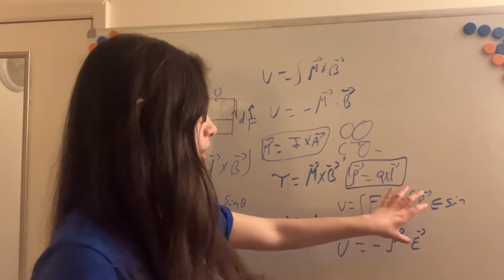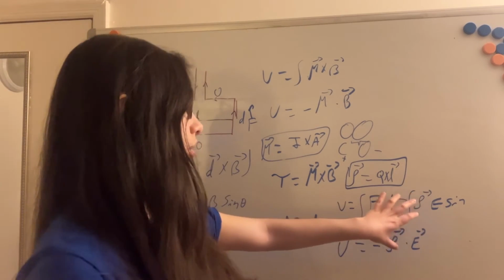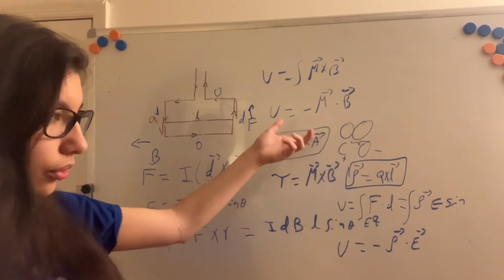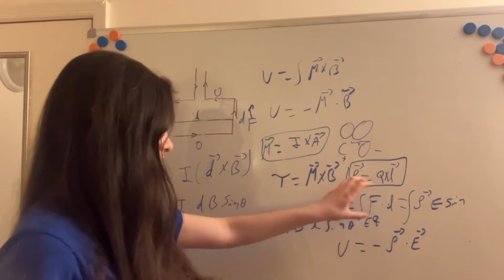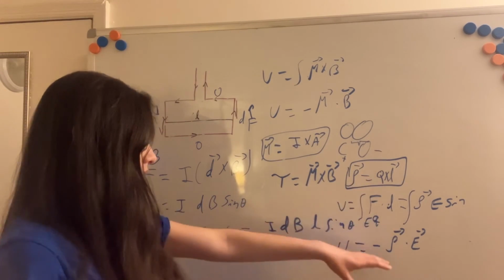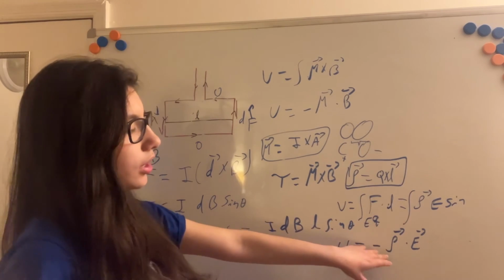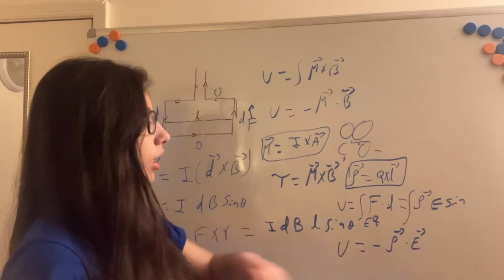And for stopping the electric torque, this would be the negative of the dot product of the electric dipole moment and the electric field.